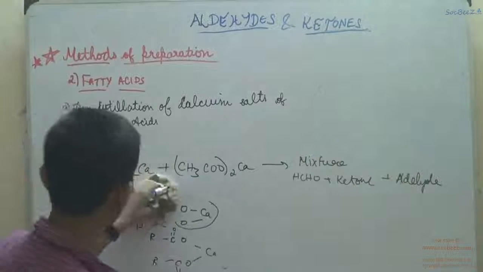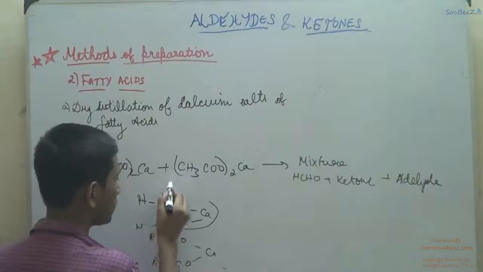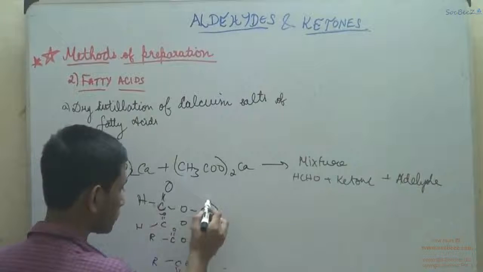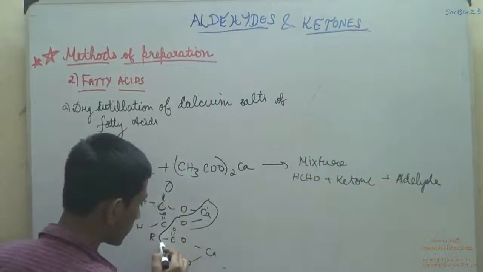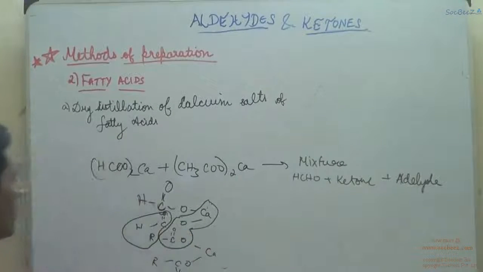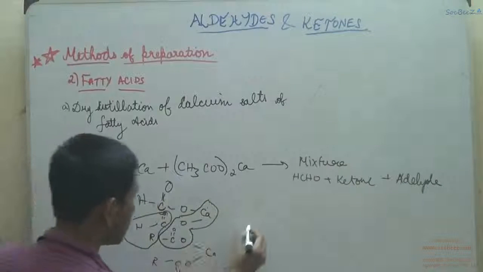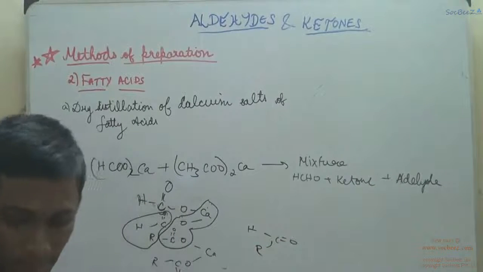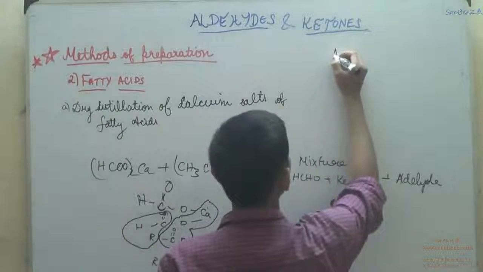Let me rewrite. So this removes the calcium carbonate and these two form, so the neighboring atoms, calcium carbonate is removed, and this is nothing but your HC double bond R, which is your aldehyde. Okay.